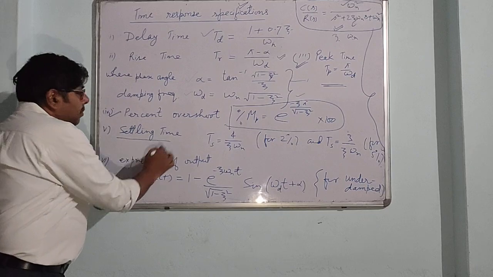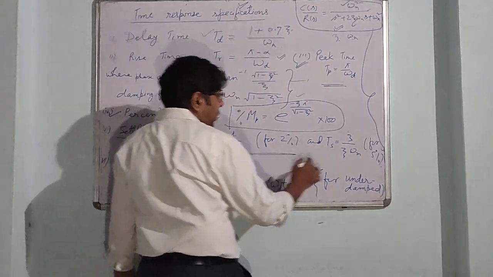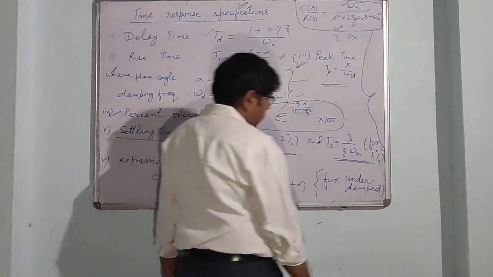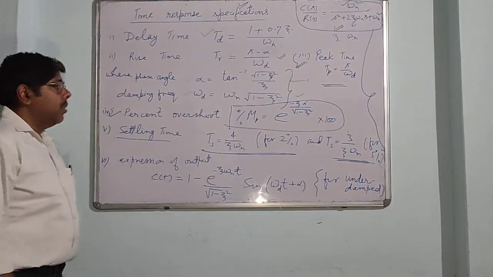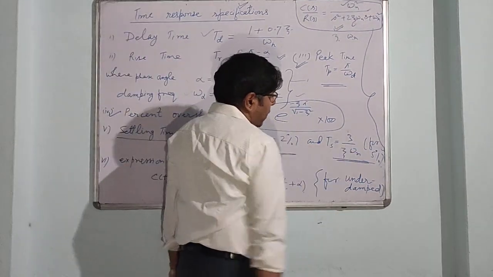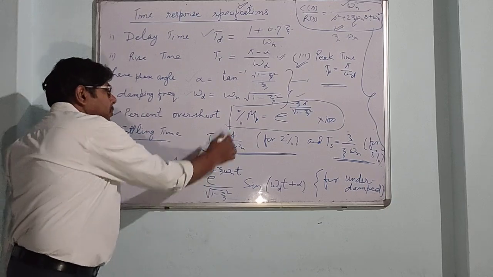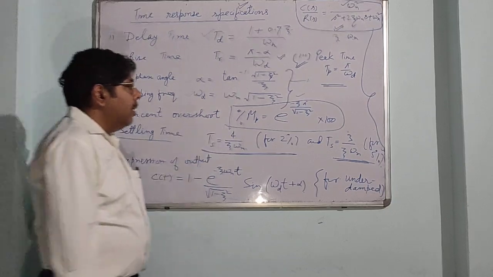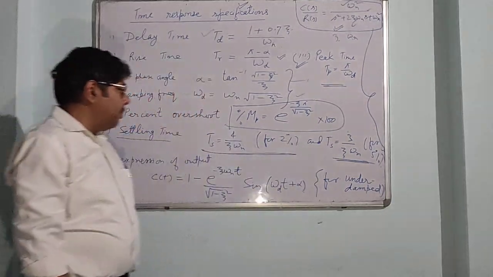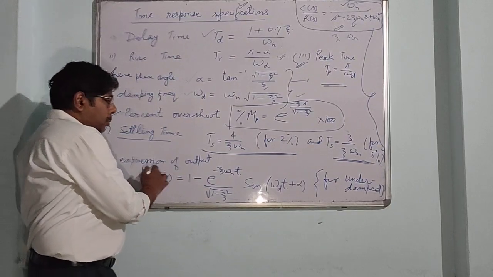And settling time, we have two settling times. We define two different settling times here. First one is 2% settling time, second one is the 5% settling time. For 2% settling time, Ts is 4 upon zeta omega n and for 5% it is 3 upon zeta omega n. So finally, we have the expression for output.